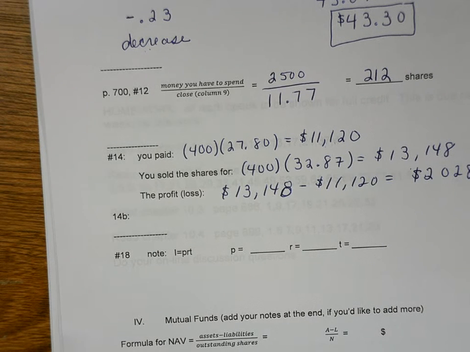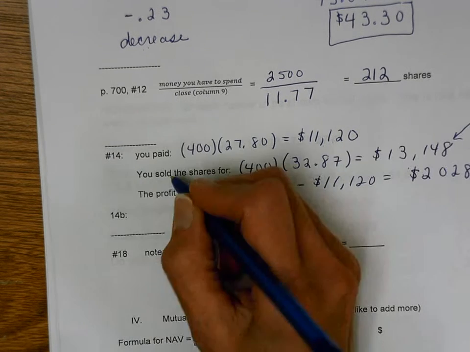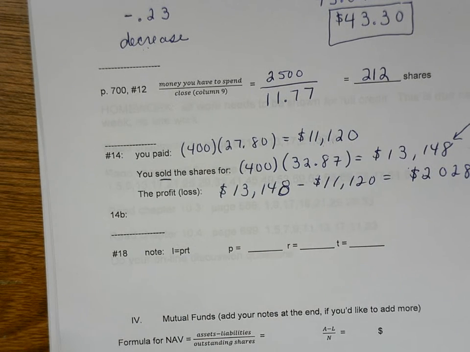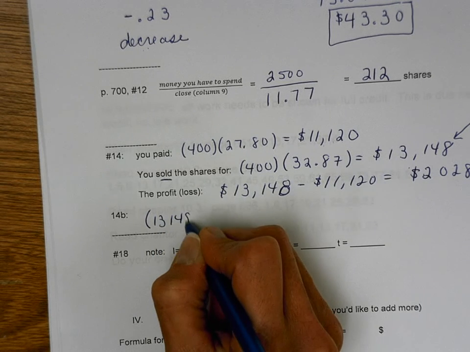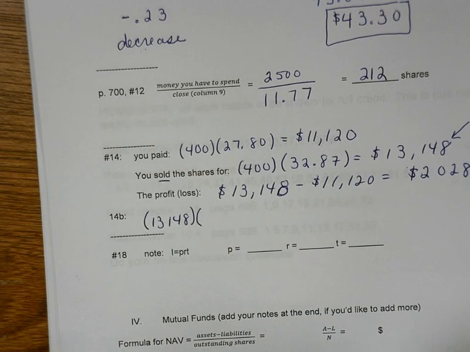It says if his broker charges 2.5% of the total sale price, what was the broker's commission? Okay. Well, now our sales price, here's what he sold it at, right? Okay, so we have to take that money, and the broker gets a percentage.